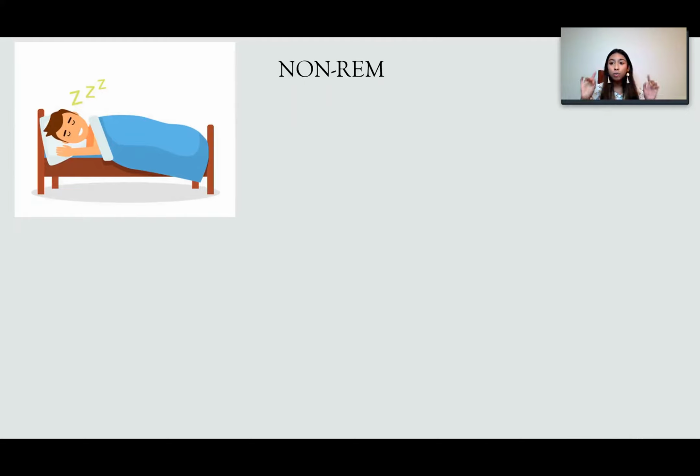This indicates that our brain is turning inwards. At the same time, our sensory receptors are muffled. So we don't pay attention to all of the sounds around us, the smells around us, and we finally fall asleep. This stage, which is called stage 1, lasts for only 5 minutes.